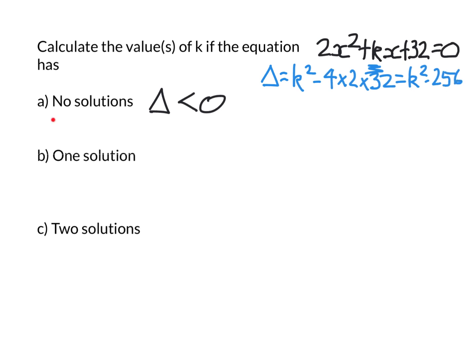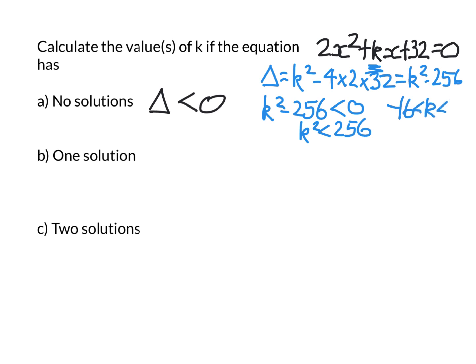This will have no solutions if the discriminant is less than 0, so we want k squared to be less than 256. We've done inequalities like this before. If k squared is less than 256, then k will need to be between negative 16 and positive 16.